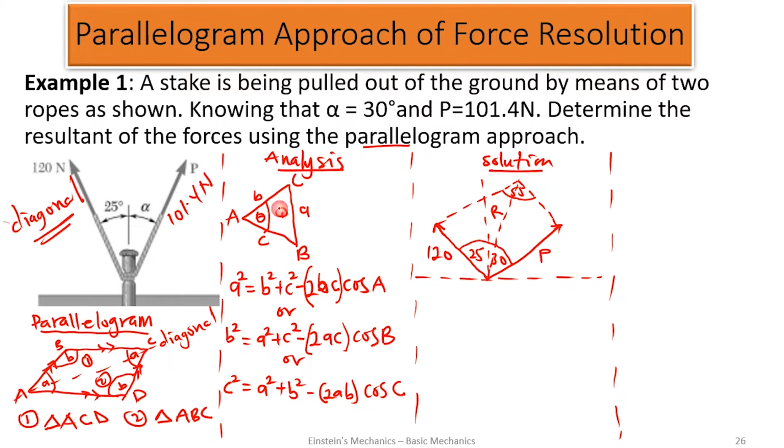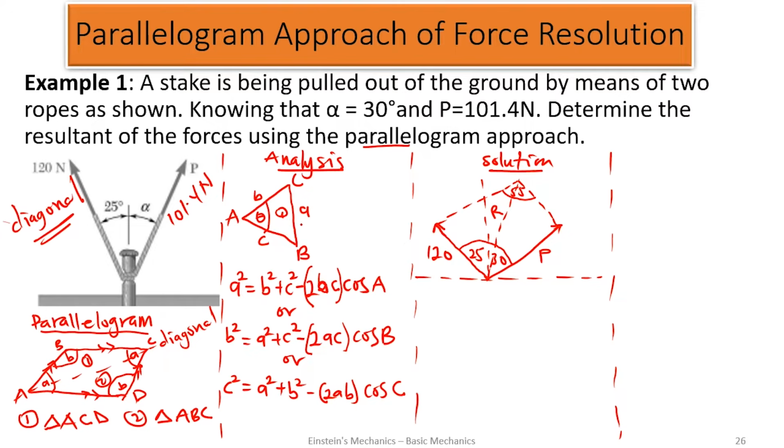So I have my triangle, the first one. I have the side B, side C, and side A. These are the angles, angle A, angle C, and angle B. So I want to find the diagonal, which is A. And now these are forces. I have my force B. I have my force C. This is the formula relating them.